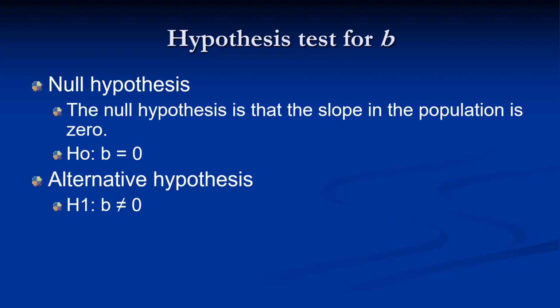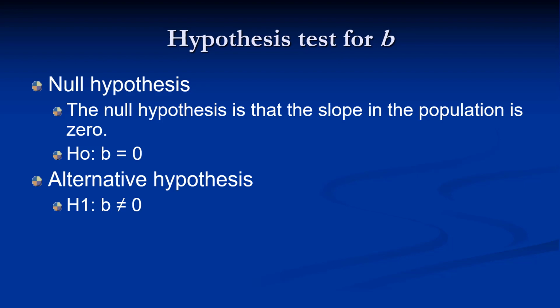To test the null hypothesis, we divide the estimate of b by its standard error and compare the result in the t distribution with n minus 2 degrees of freedom. In this example, b is equal to 0.215, SE of b is equal to 0.0781.